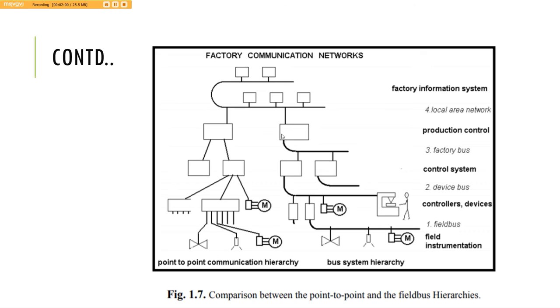Next is the actual production control, then the control system area, where the controllers and other systems work, and this is the final level, the field devices. You can see there are a lot of valves, sensors, controllers, and other actuators like motors present at this level.